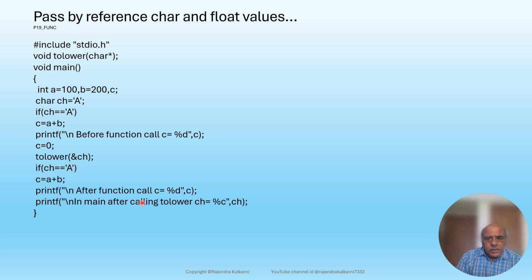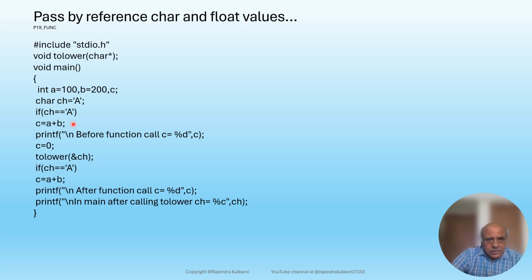So we are carrying out an addition of a and b, but the same addition we are carrying out after calling the function toLower.